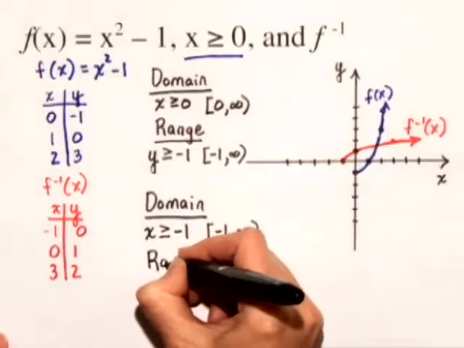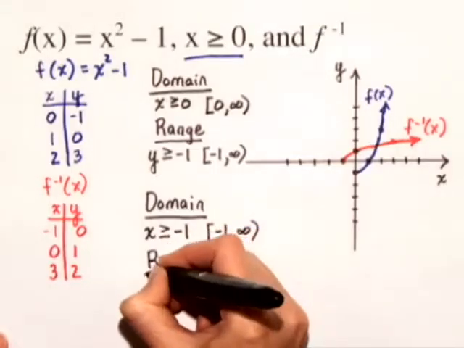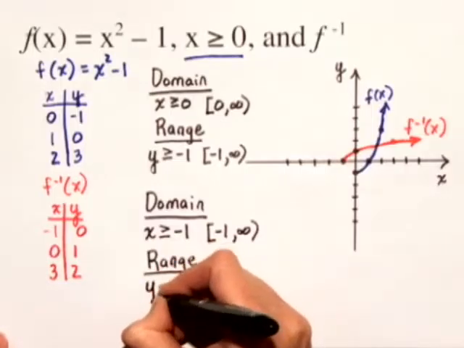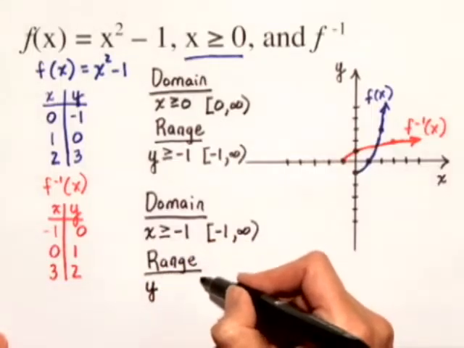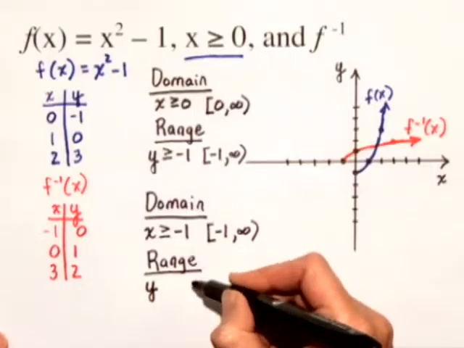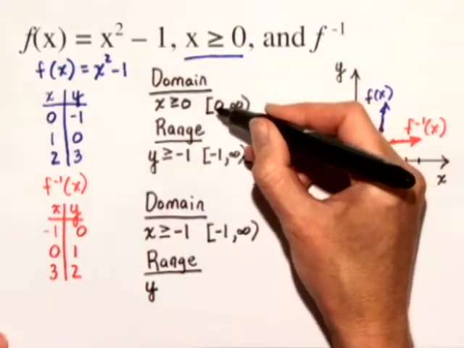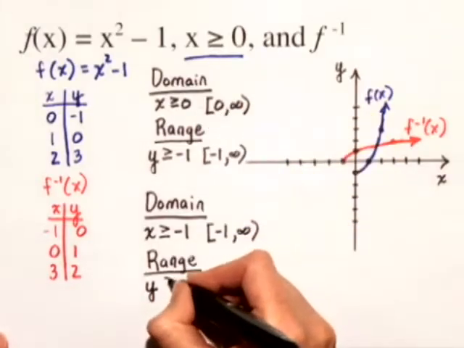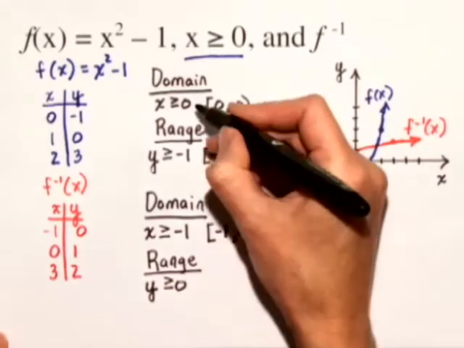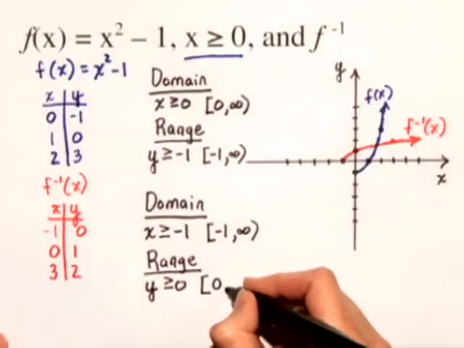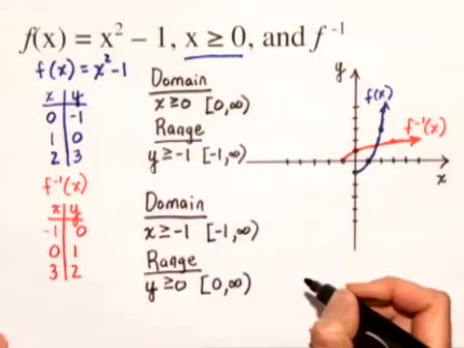And finally, the range of this inverse function. Remember, the range of the inverse function, I'm talking about the y values now, the range of the inverse function is exactly the same as the domain of the original function. So I need y values that are greater than or equal to 0. So I can write that in interval notation as 0, infinity.